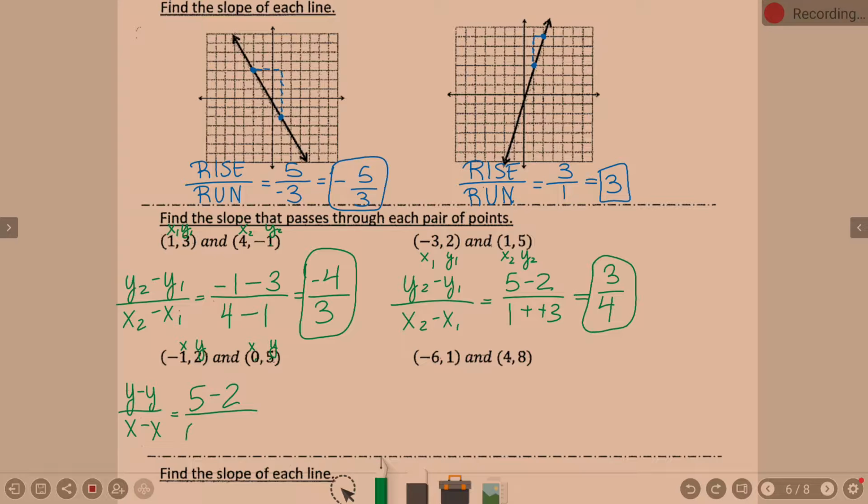And we're going to say 0 minus negative 1. 5 minus 2 is 3. 0 minus negative 1 is actually positive 1, because minus a negative becomes plus. What's 3 over 1? 3. 3 divided by 1 is 3.